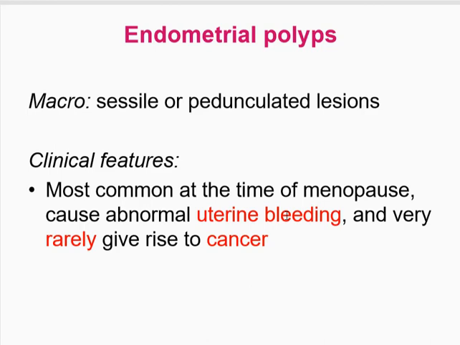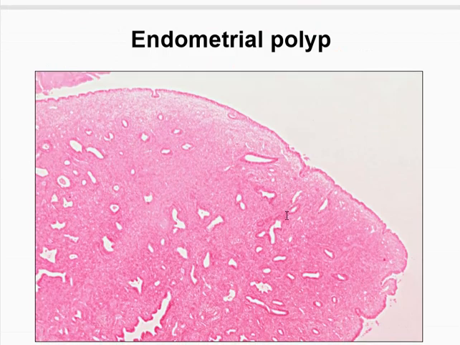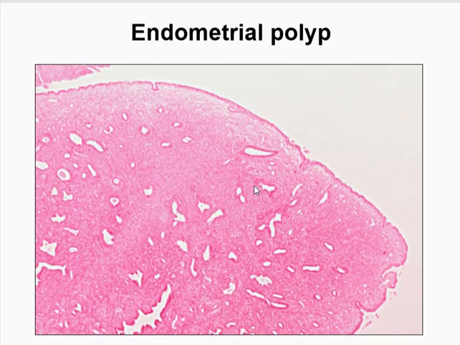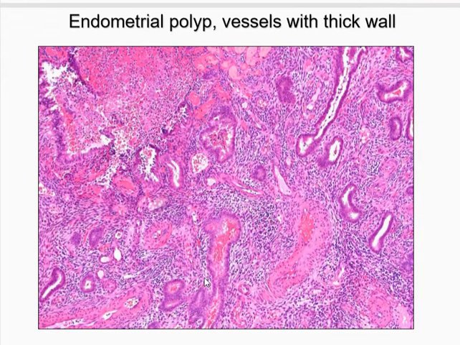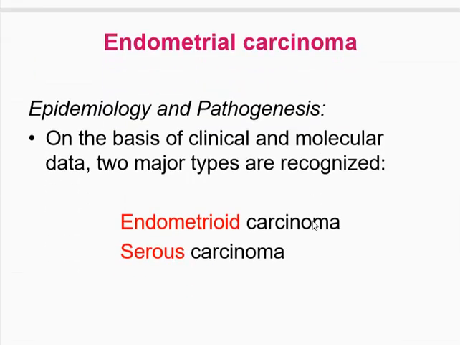They are kind of hyperplastic benign lesions. This is an example. There are endometrial glands in these polyps, and often at the base of the polyp we can distinguish thick-walled vessels, and these are diagnostic of polyps even in curettings where you don't see the whole lesion.